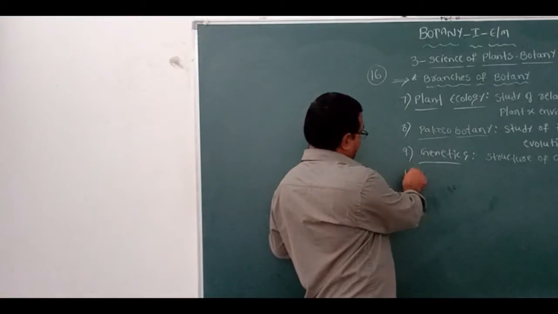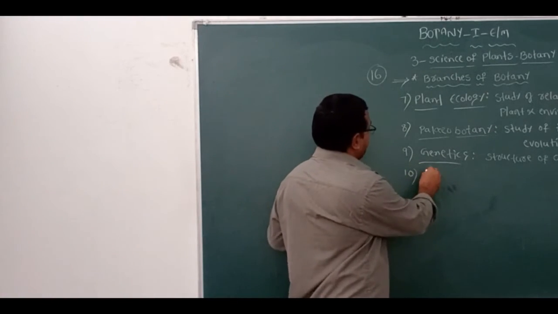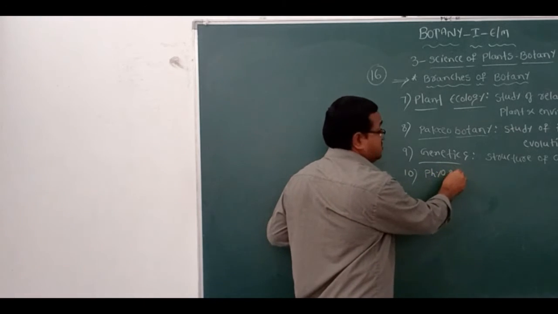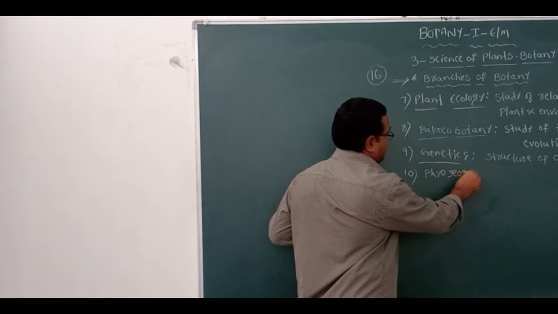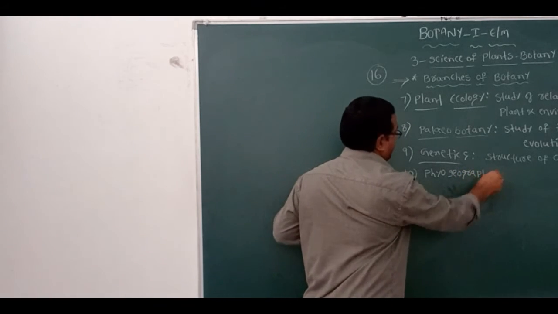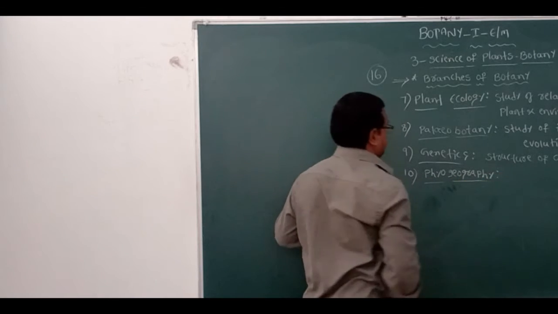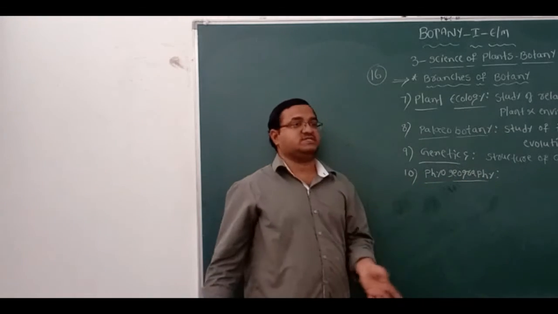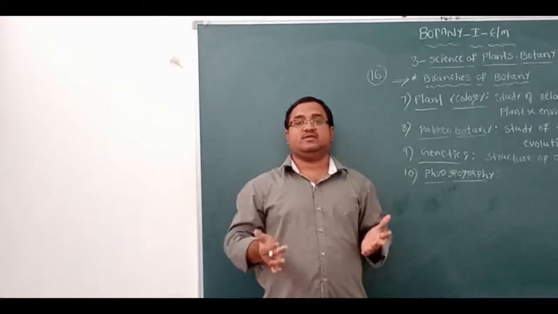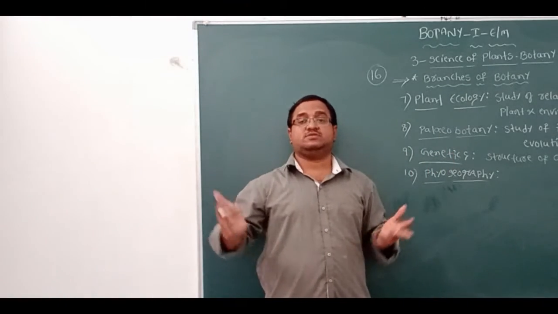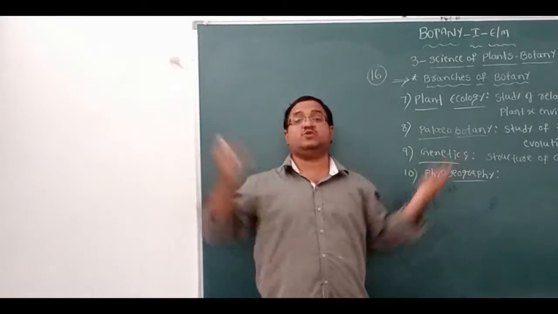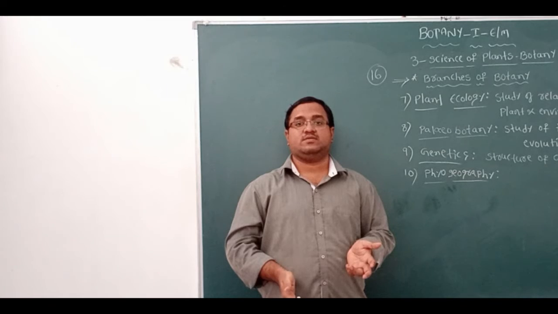The 10th one, phytogeography. Phyto means plants, and geography means geographically. Geographical distribution of plants. How the plants are distributed in different regions.